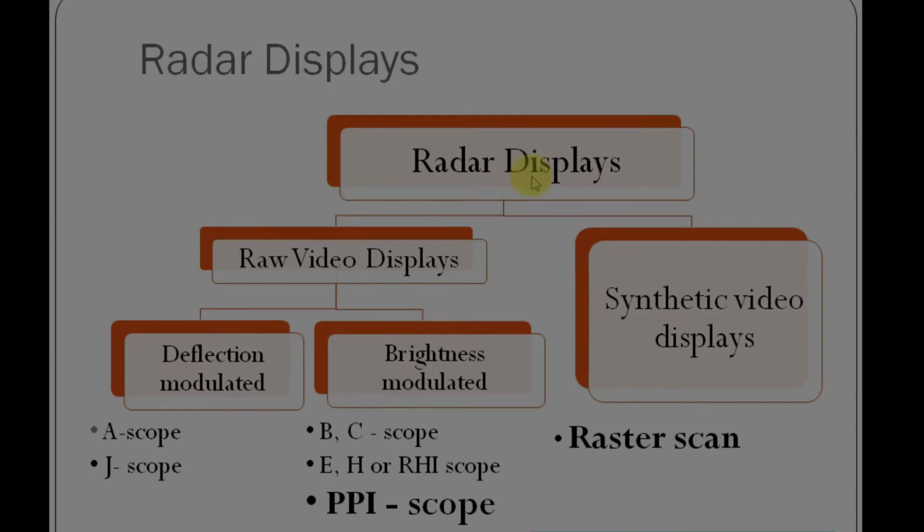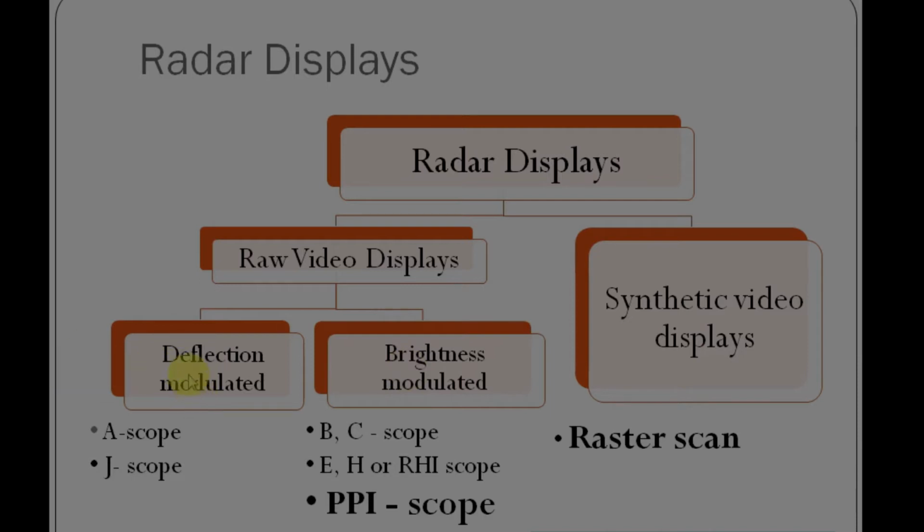Today we are going to cover the radar display. Radar has 2 types of display. One is the raw video display. The second is the synthetic video display. Raw video display is generally divided into 2 parts: deflection modulated and brightness modulated. These 2 words come from the CRT, cathode ray tube, background.